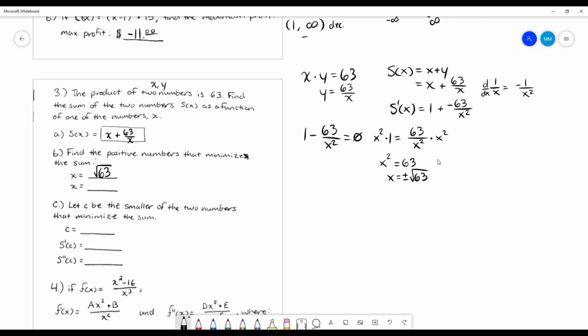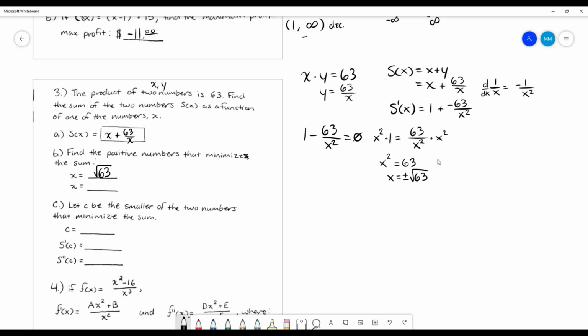But they do want two numbers here. So for a moment when I was doing the homework, I was very confused as to what they wanted here. Because if they only want positive numbers and there are two critical numbers and one of them is negative, what can we do? Well, in this particular case, the square root of 63 is one of them that minimizes the sum.